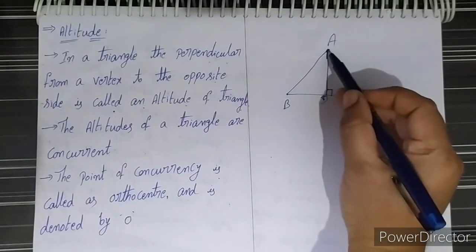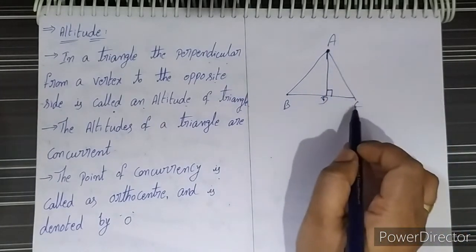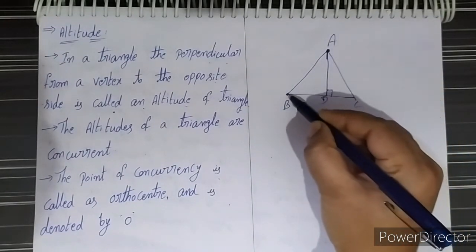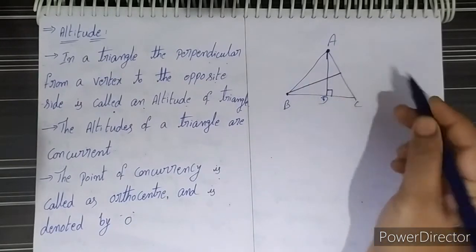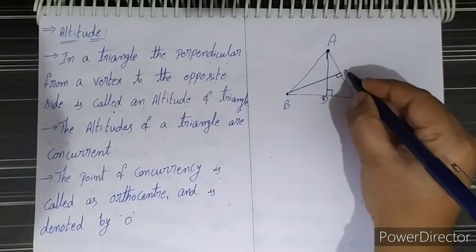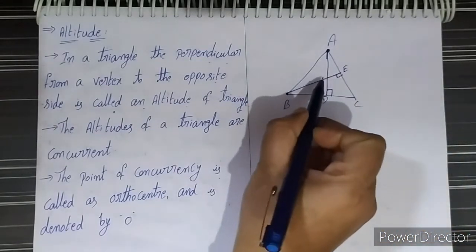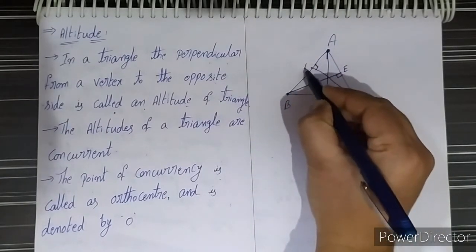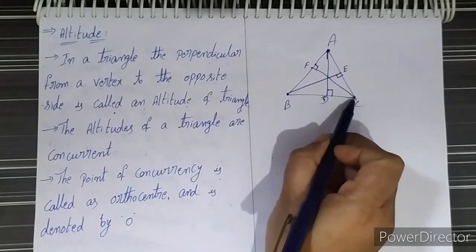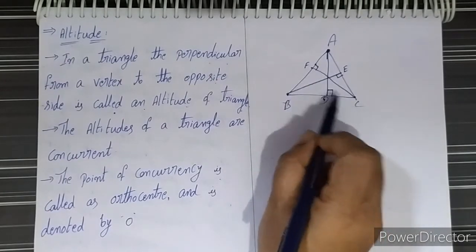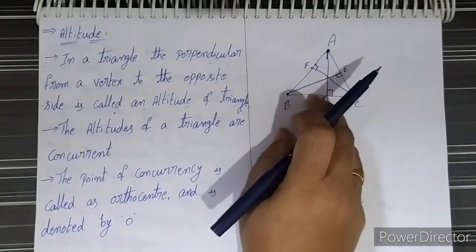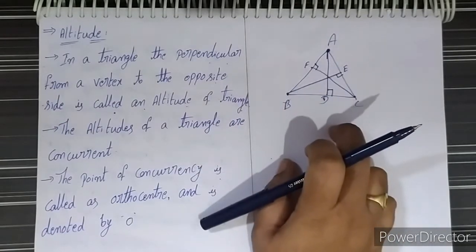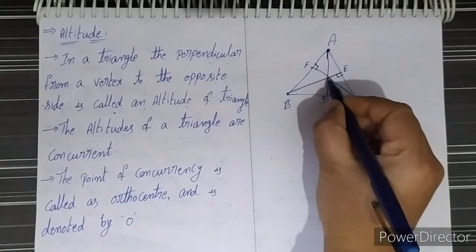We have drawn from vertex A to the side BC the altitude AD, from vertex B to the side AC the altitude BE, and similarly, from vertex C to the side AB the altitude CF. Here also we have three altitudes because we have three sides and three vertices.